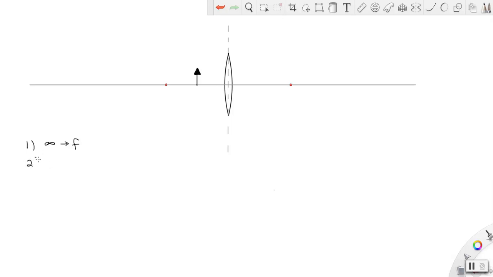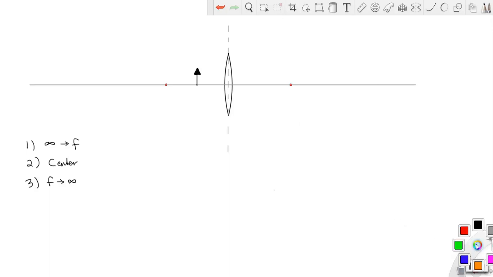So parallel to focal, and then center ray, and then focal to parallel. Now, we have to be careful here. This is one type of problem that students have a tendency to get a little bit tripped up on. The first one is going to be fine.